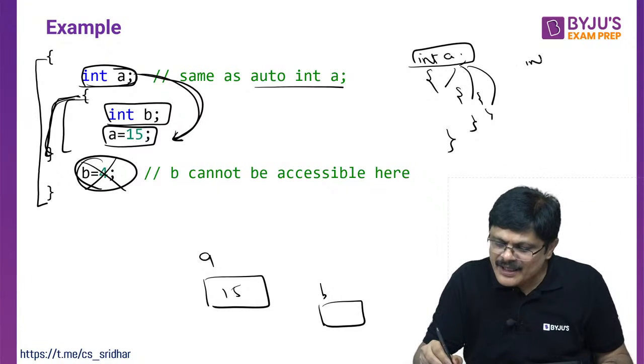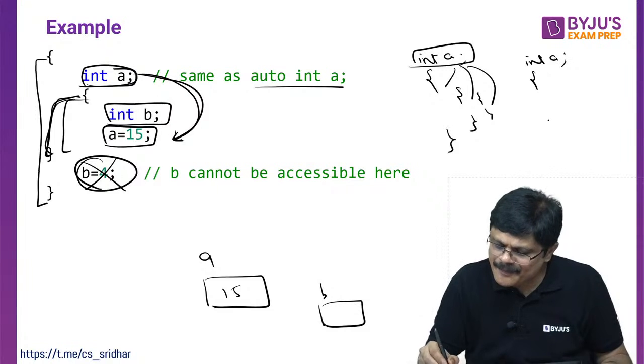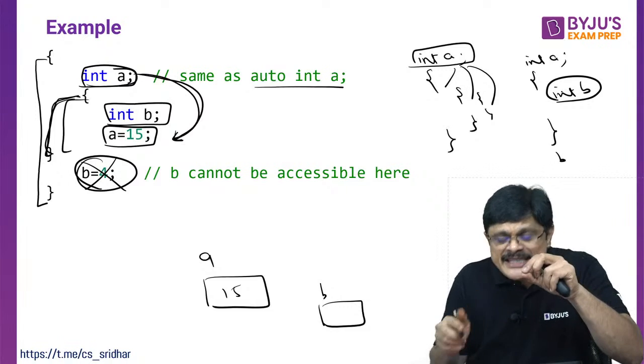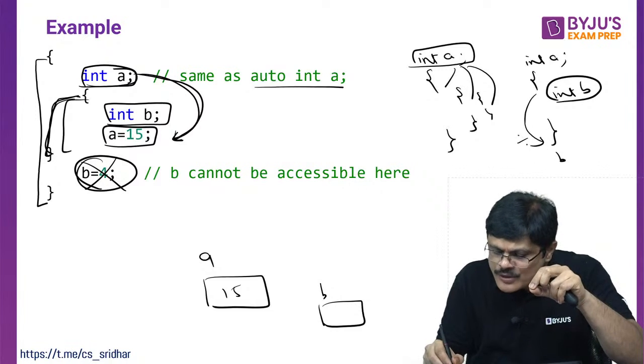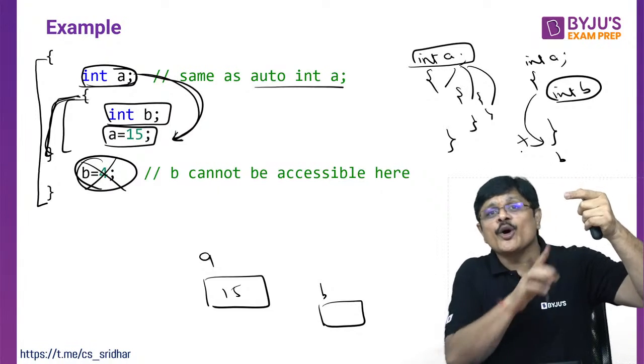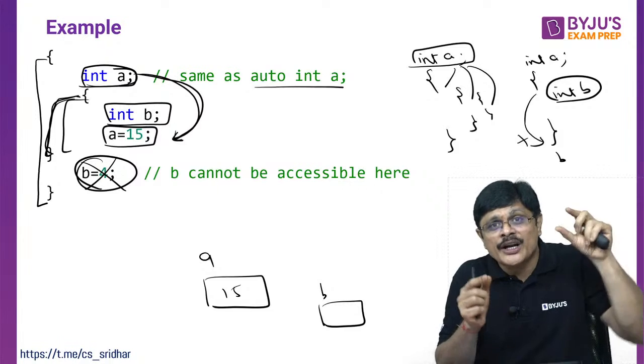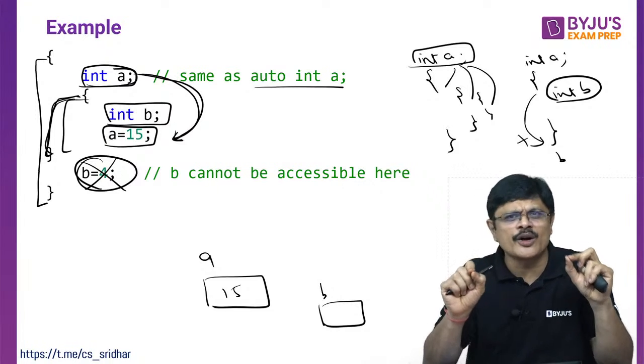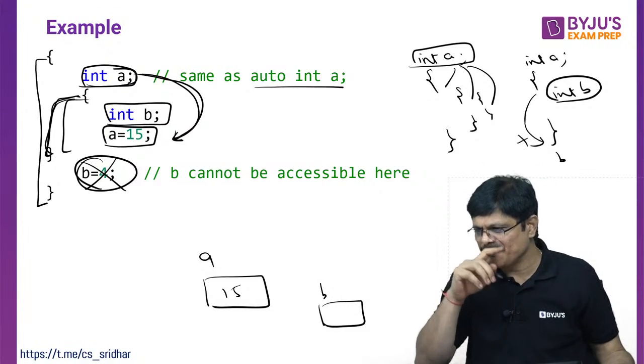But if you have int B inside a block, you cannot use B outside. So whatever is inside the block cannot be used outside the block. Whatever is outside the block can be used inside the blocks. Whatever is inside the block cannot be used outside the blocks. This is simple logic, my dear friend, nothing more than that.